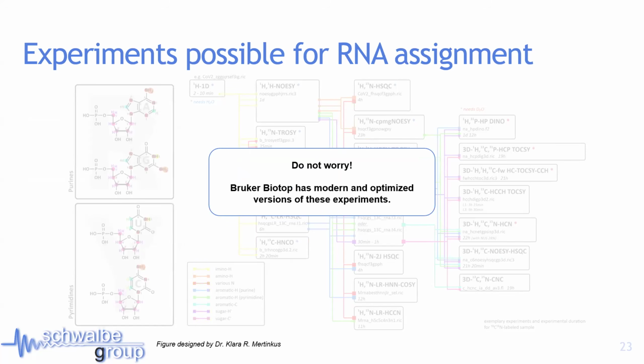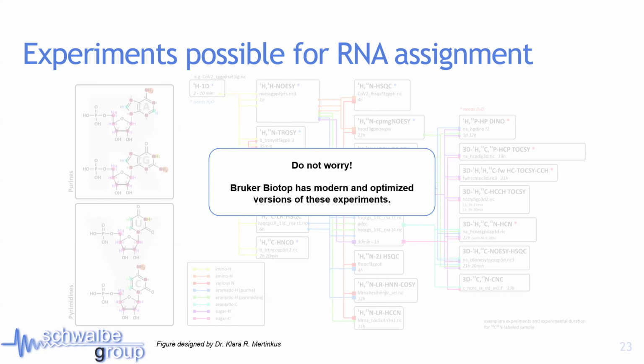What I want to point out is, I know this might look a little bit intimidating, but some of my colleagues have worked together with Bruker on a very nice tutorial that I think will be released soon in Biotop, where they've basically explained how to do the assignment of RNA from scratch with example spectra, with the experiments that you use, and they are all in Biotop.